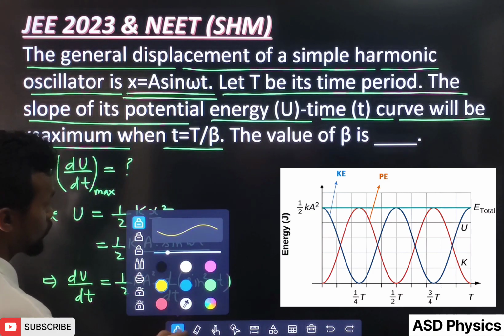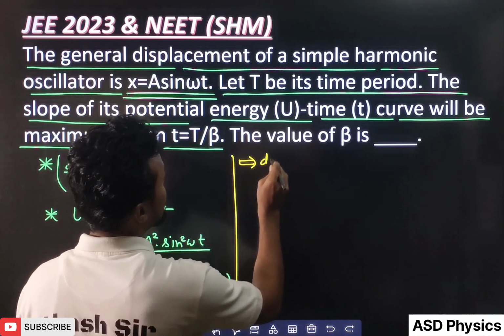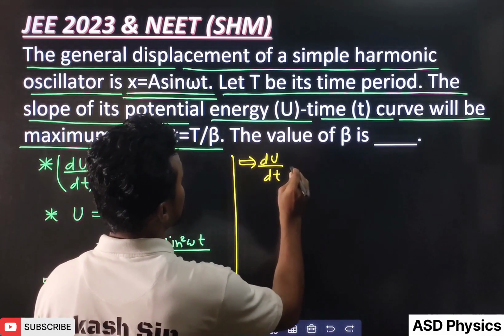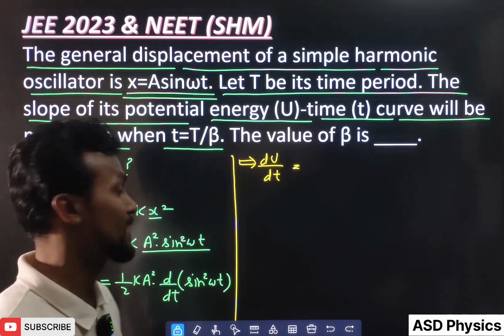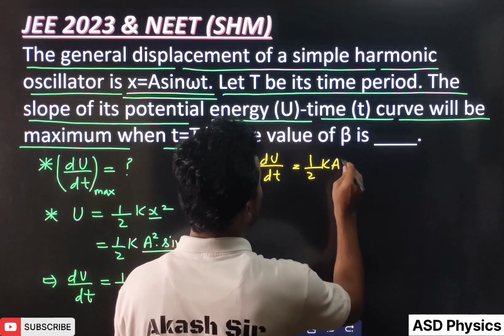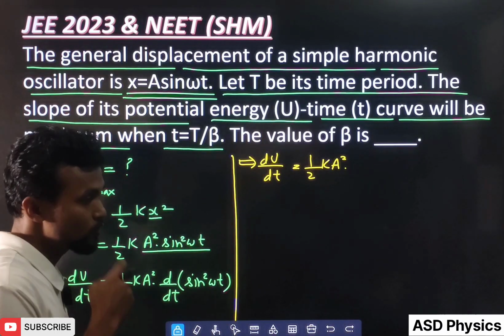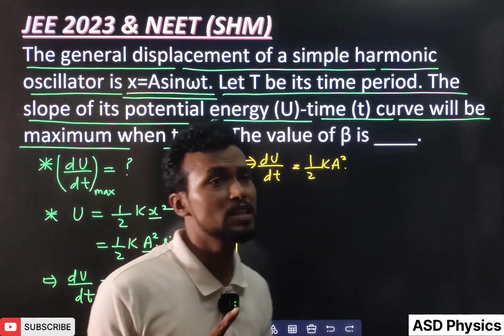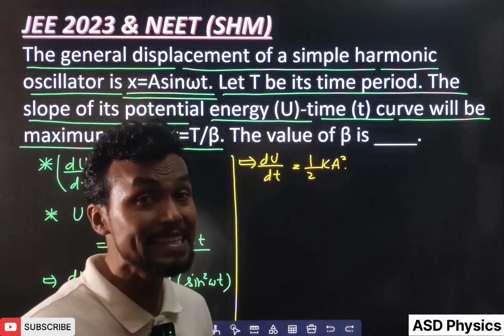First let's calculate the slope du by dt, then we will see in which situation it is maximum. This is half k a square into the differentiation of sin square omega t. We use the formula d by dt of t to the power n is n t to the power n minus 1.